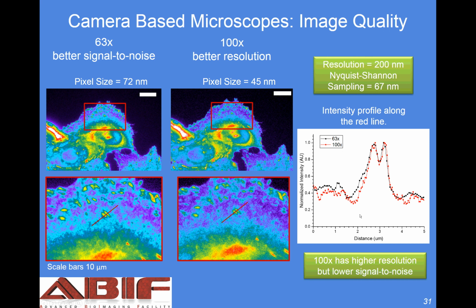So in this case, even though the 100x has higher pixel size, I think that the 63x is still giving overall a better quality image. This is also a camera that has very small pixels at 4.5 micrometer. So this comparison could be done on a different camera, and it may be that the 100x lens would be required.